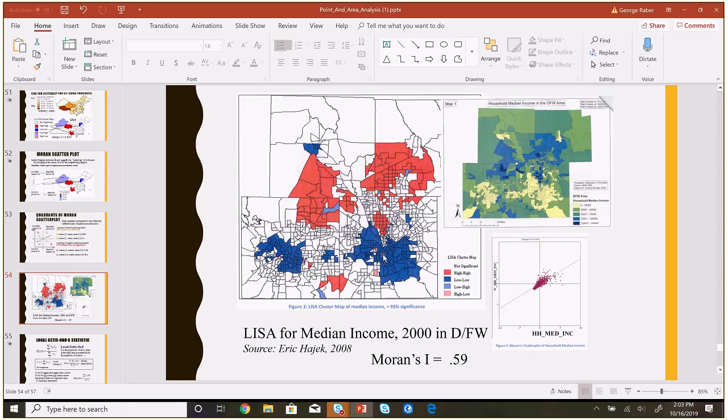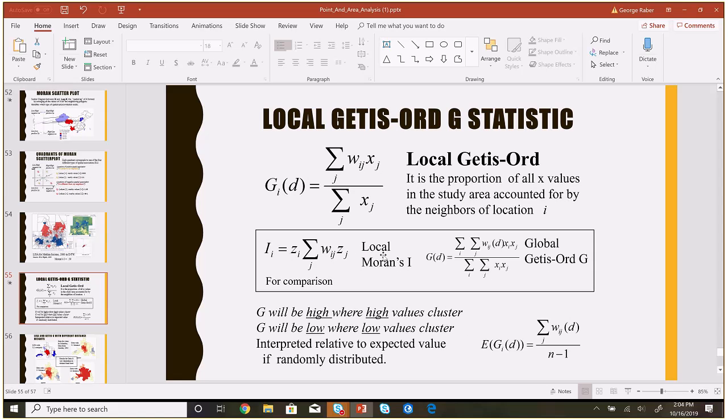So there's mostly high-high and low-low, and then there's a couple of instances where you've got a low income in the middle of this high income area. You got a high income in the middle of this low income area. But it looks a lot different than the smoking data set that we just did. Don't have as many of those in between values.